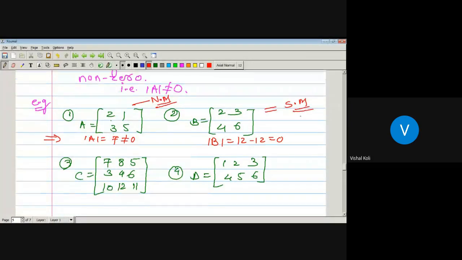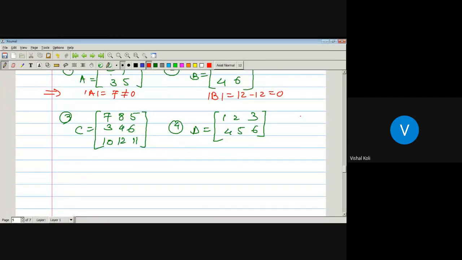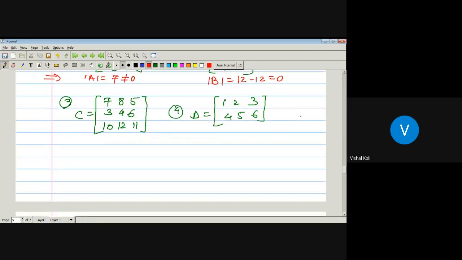What about the third one? Whether it is singular or non-singular. Singular matrix, its determinant value will be equal to 0.